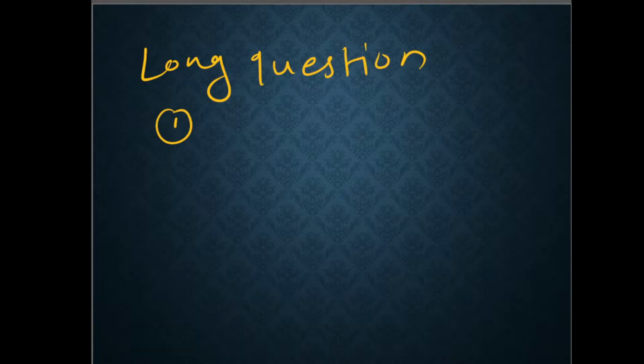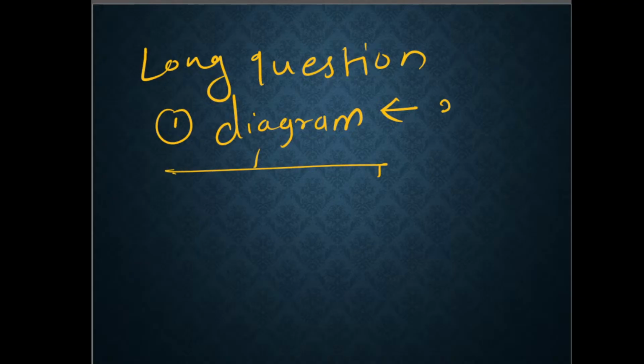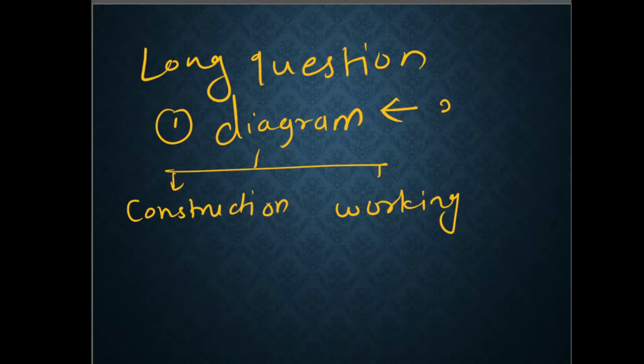The first thing is the figure or diagram. The diagram is very important. And from this diagram, we have to write two things: one is the construction, another one is the working. So we will start with the figure and the construction.